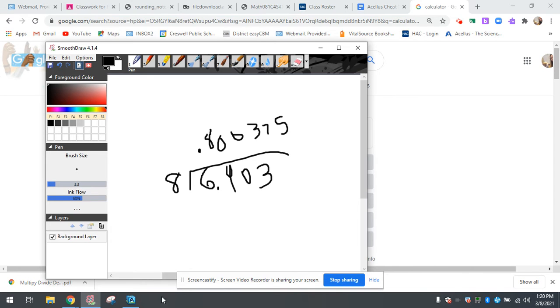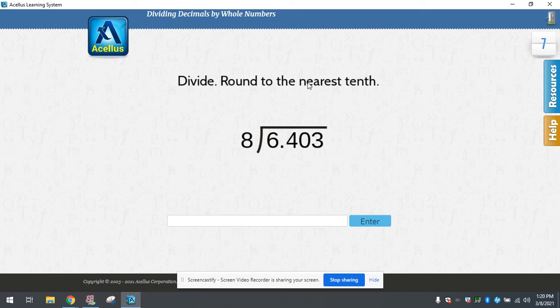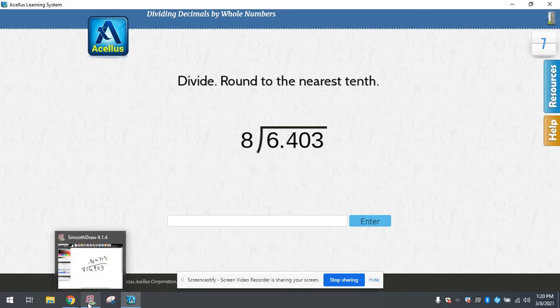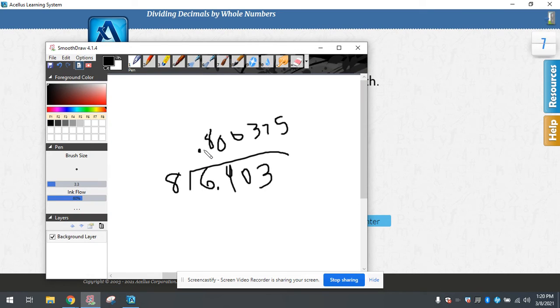But what the instructions say to do is round to the nearest tenth. So this 8 is in the tenths place, and that's what we're going to round to. In order to round, we look at the number to the right of the number we're rounding to, and we think 5 and up, round up.